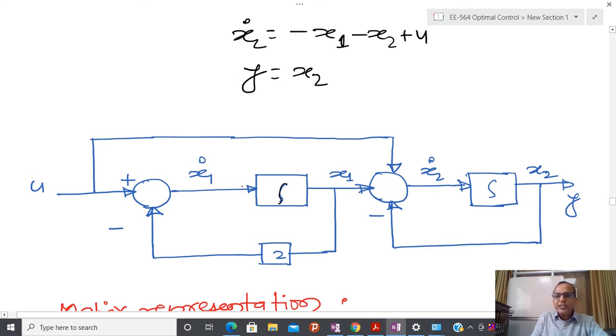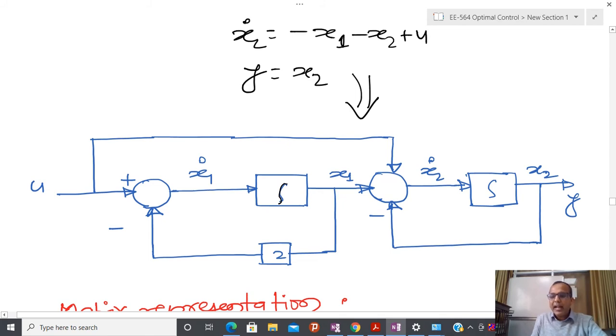So x1 dot is coming, and after that we get x1, and x2 dot is coming, and after that we get x2. I hope this is not a very difficult block diagram to understand, showing how this particular differential equation is represented.